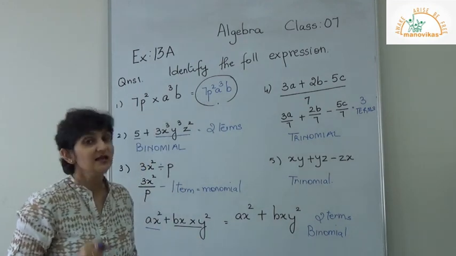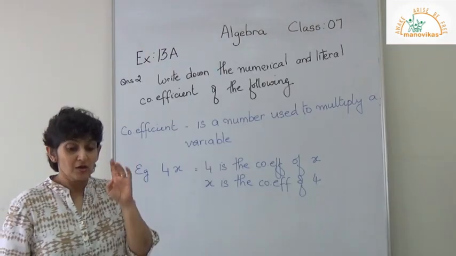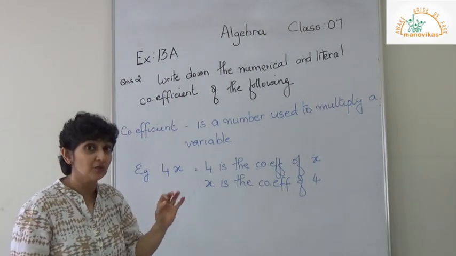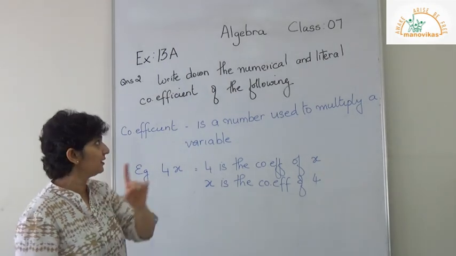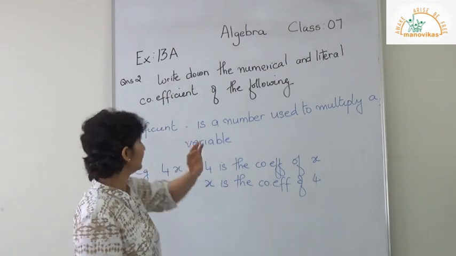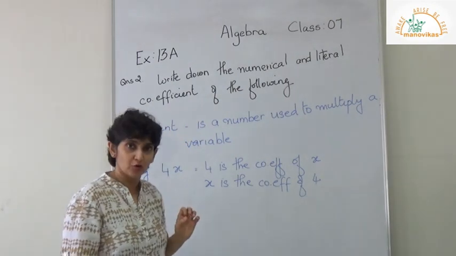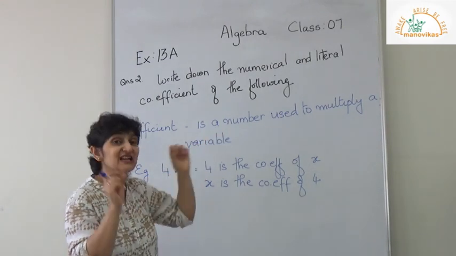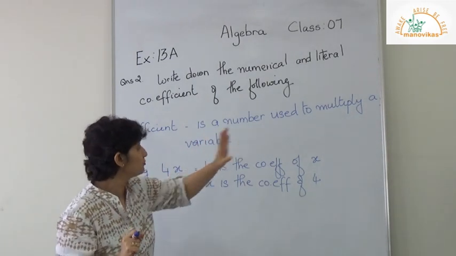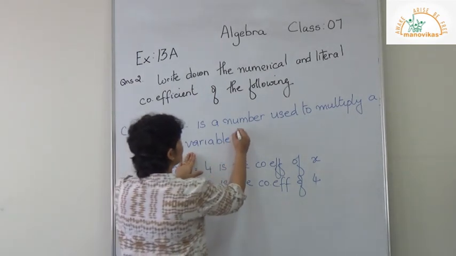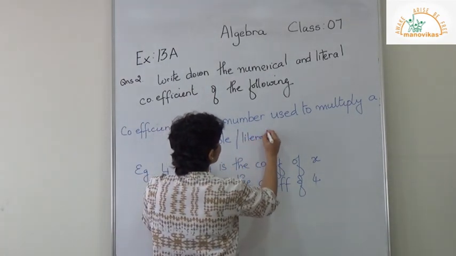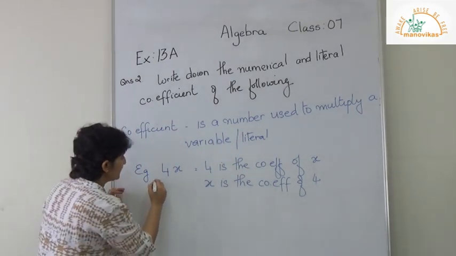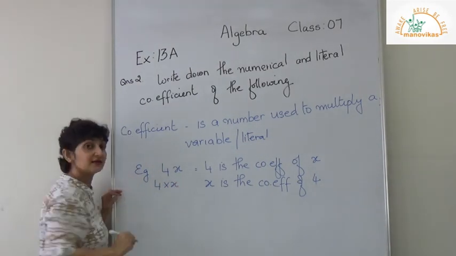I'm sure you have understood. Let's move on to the next question. Question 2. If you read your question, what does it say? Write down the numerical number and literal, the letter, coefficient of the... Correct?